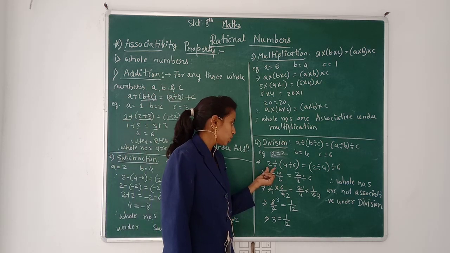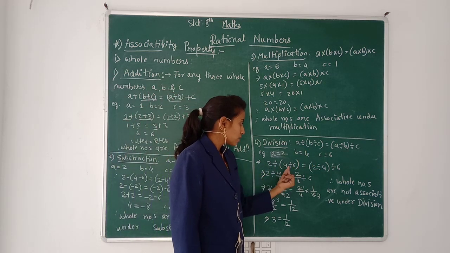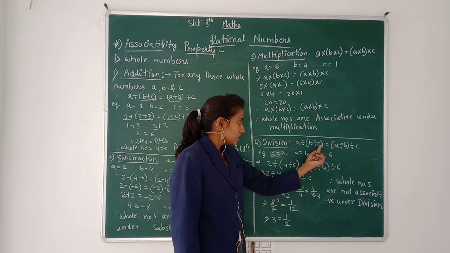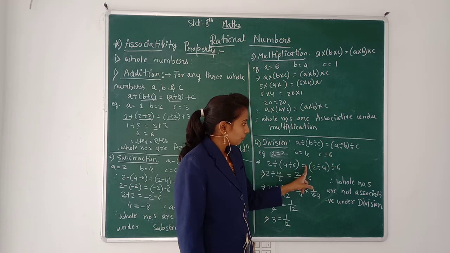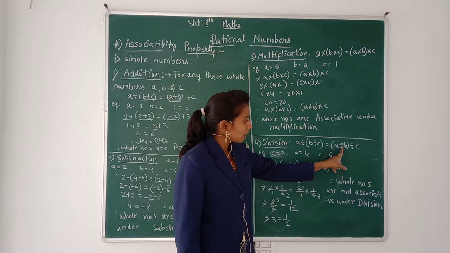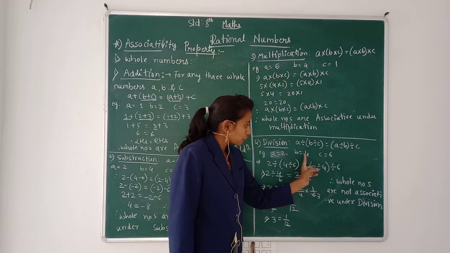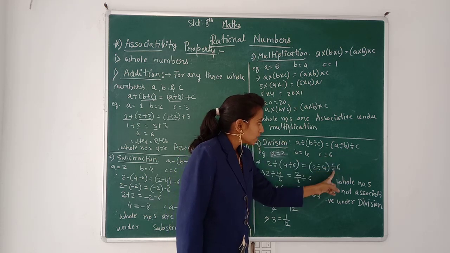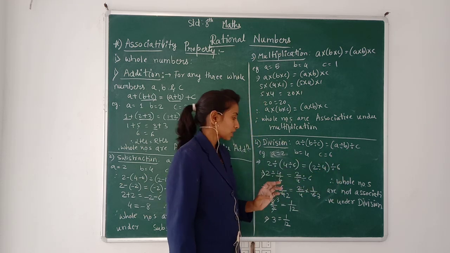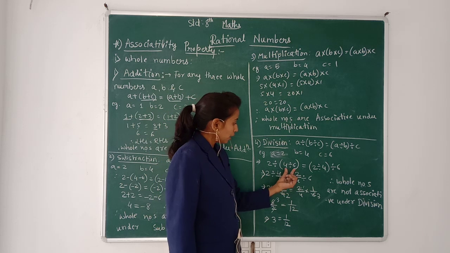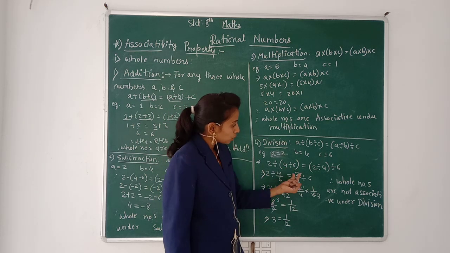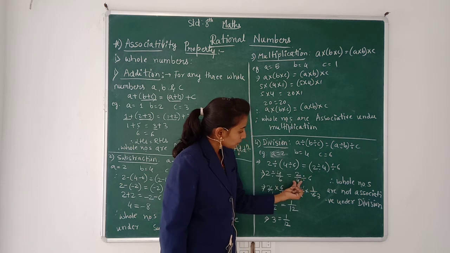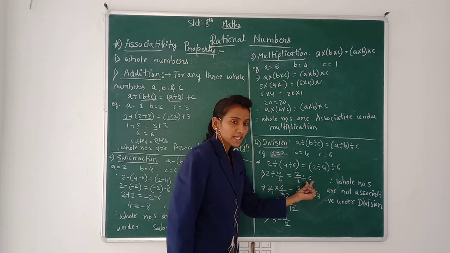See, A is 2 divided by, B is 4 divided by, C is 6, is equal to, A is 2 divided by B is 4, divided by C is 6. Okay, 2 divided by 4 upon 6, I am keeping like this, is equal to 2 upon 4 I am keeping like this, divided by 6.